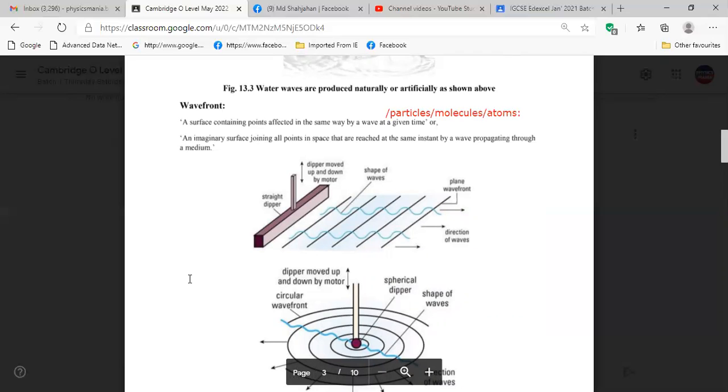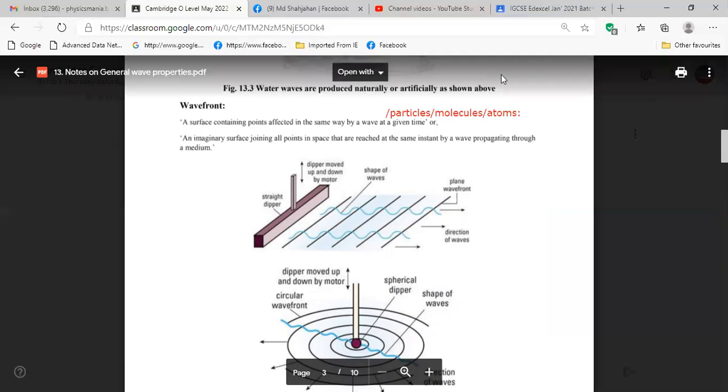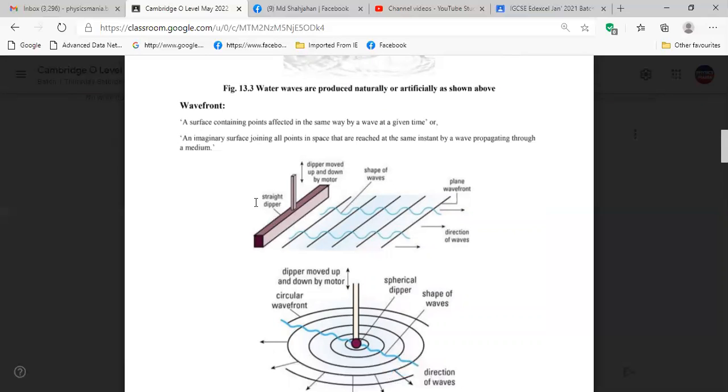Now we have another important term, that is called wavefront. This is very important. What is a wavefront? Try to understand it first. There are two examples we are showing here. One is a straight dipper. This dipper is moved up and down by a motor in water, and by this motion we are creating waves in water, right?